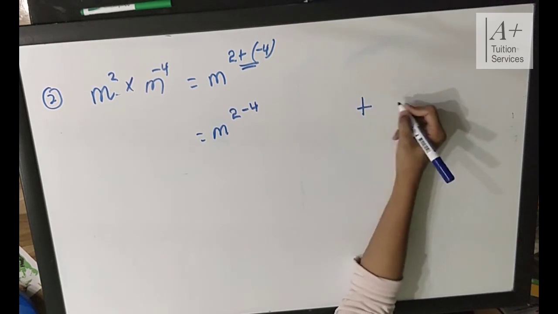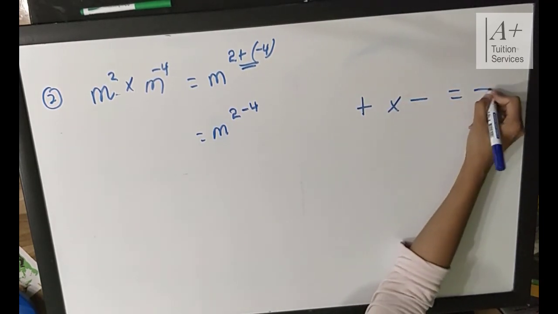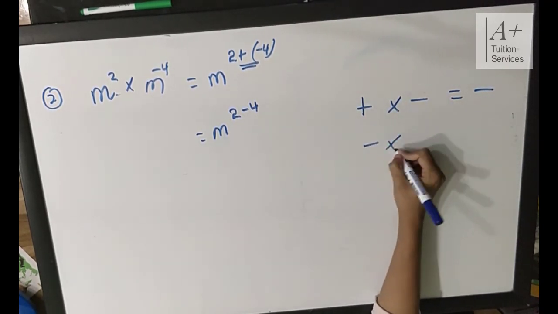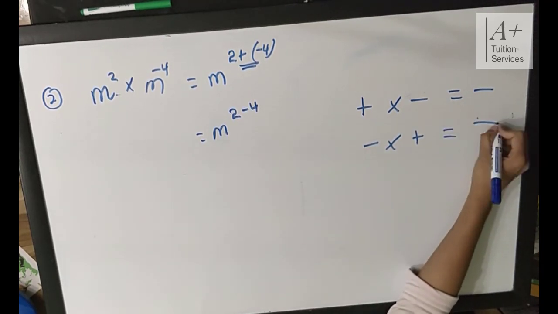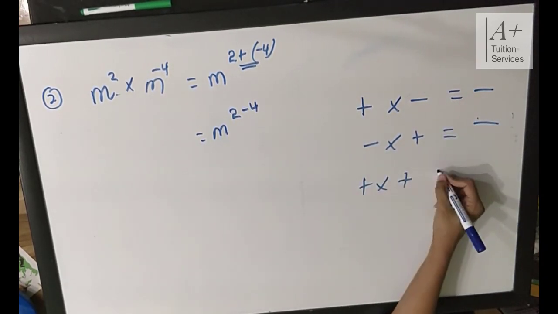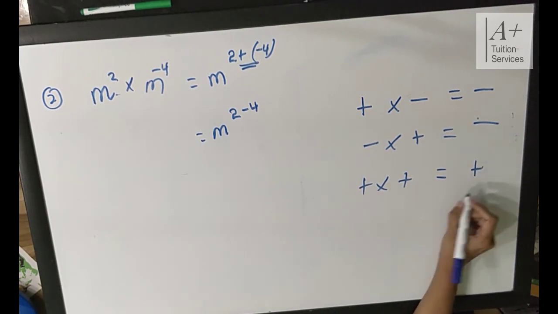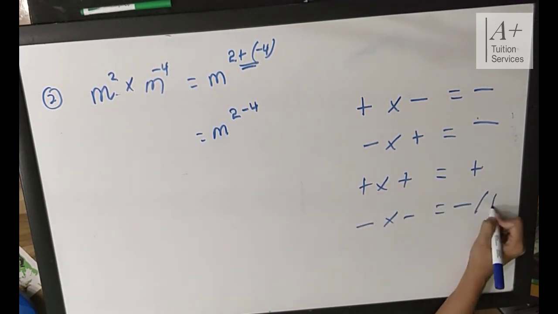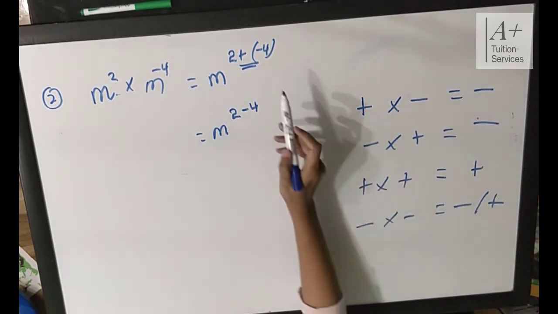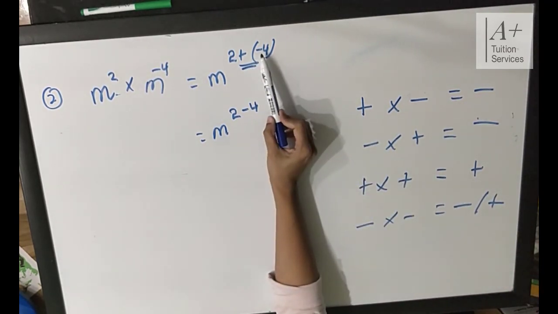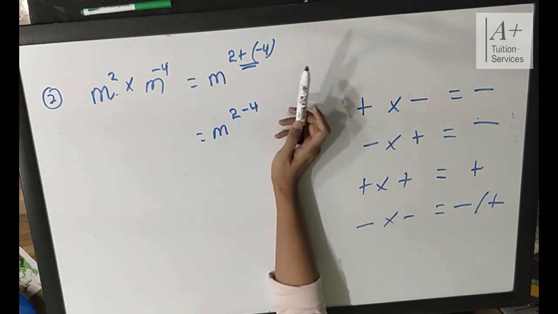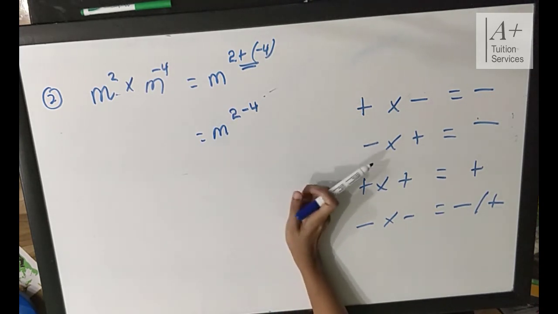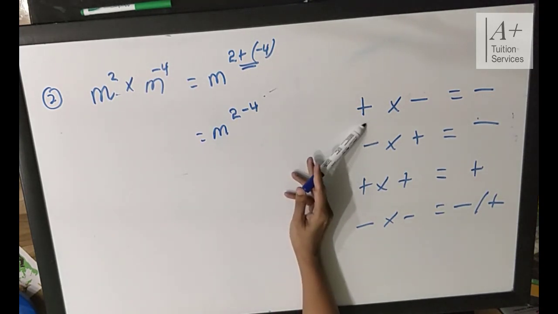So a plus multiplied by a negative will give me negative. A negative multiplied by a plus will give me a negative. A plus multiplied by a plus will give me a positive, and two negatives will give me a positive number. In this case, we have plus multiplied by minus, so we get negative.